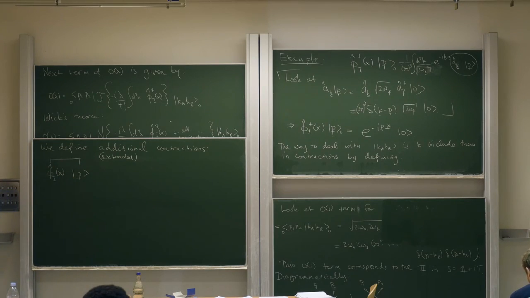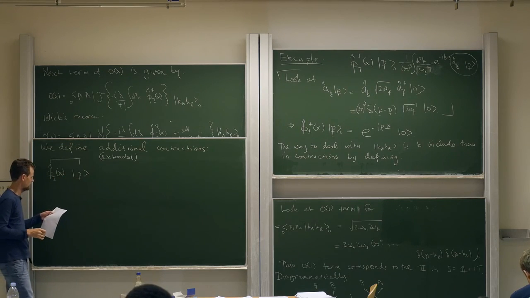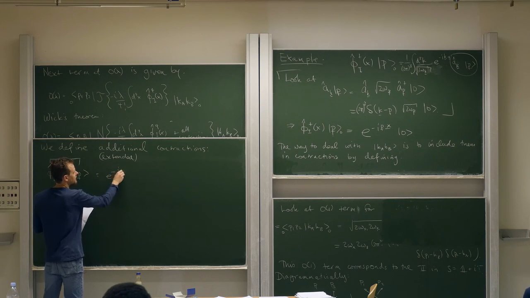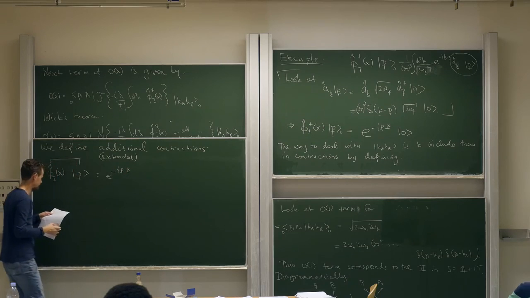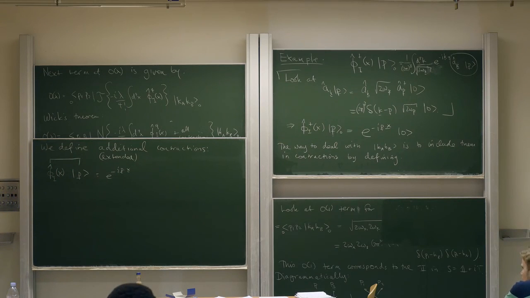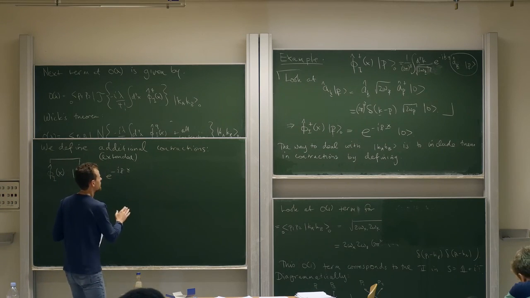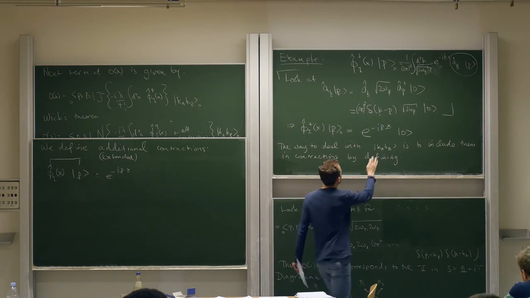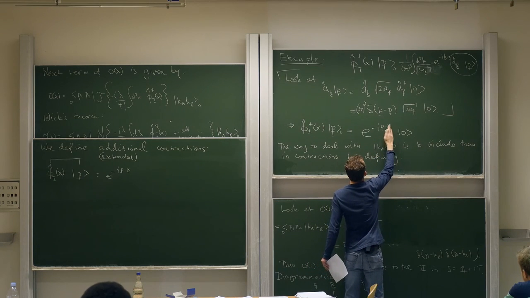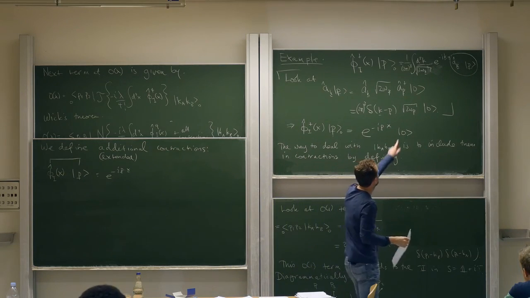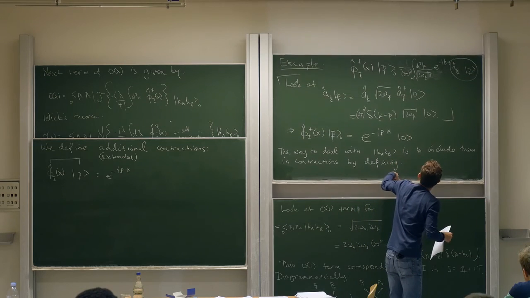Whenever you see this symbol, a contraction of a field operator against a momentum eigenstate like that, this will just mean e to the minus i p dot x. Sorry, that's not with underlines there. And similarly, that's not with underlines up there.